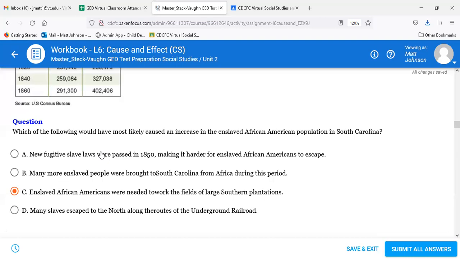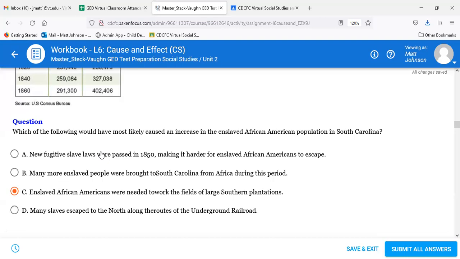The closer we get to the Civil War, the less anybody is enforcing those laws in the North. It's true, more enslaved people were brought to South Carolina from Africa during that period, but that doesn't really answer the question as far as what caused the increase, right?